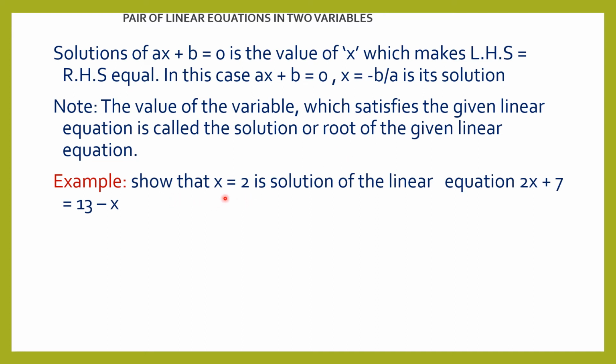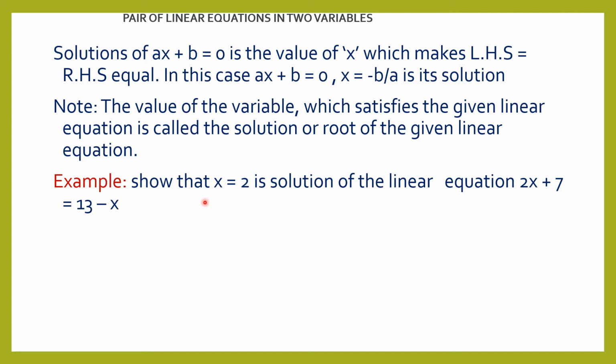Now next point, example. Show that x equals to 2 is solution of the linear equation 2x plus 7 is equals to 13 minus x. So given equation is 2x plus 7 equal to 13 minus x. Given solution or given root is x equal to 2.